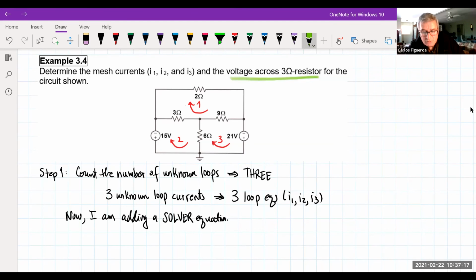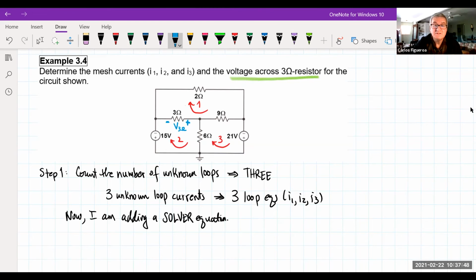So I have to make an assumption here. And the assumption is, what is the polarity of that 3 ohm resistor? I'm going to make a guess. I'm going to say that the polarity of this 3 ohm resistor is going like this. Could I have picked it the other way? Absolutely yes. So this guy is my 3 ohm resistor.